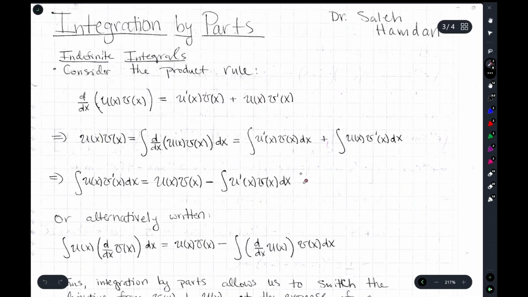And here's what we're looking for, because if we start out with some expression that we could write in this form, okay, we could solve for this and we get this expression there. So what is this really telling us? It's telling us that if we start with an expression of this form, we're allowed to switch the derivative from v to u.